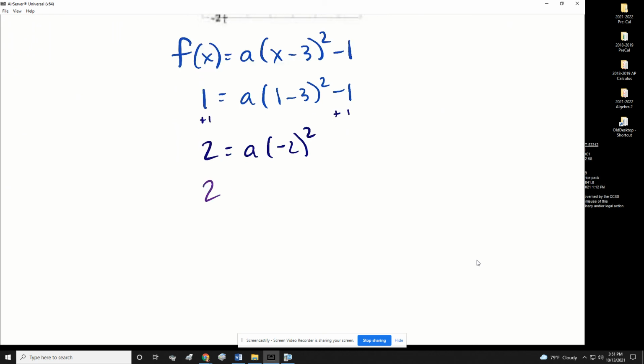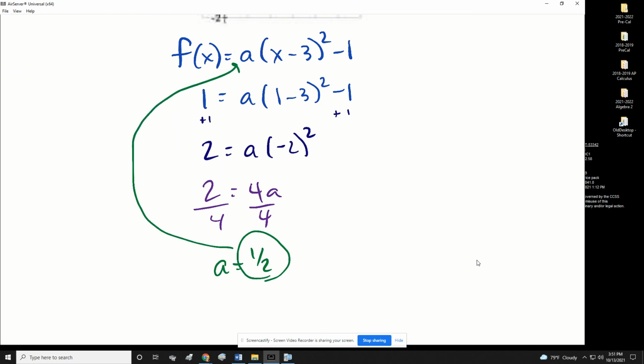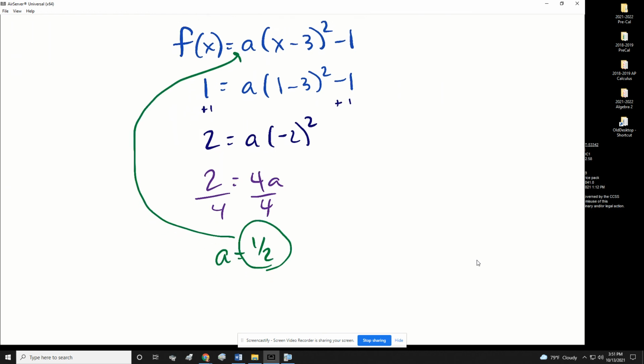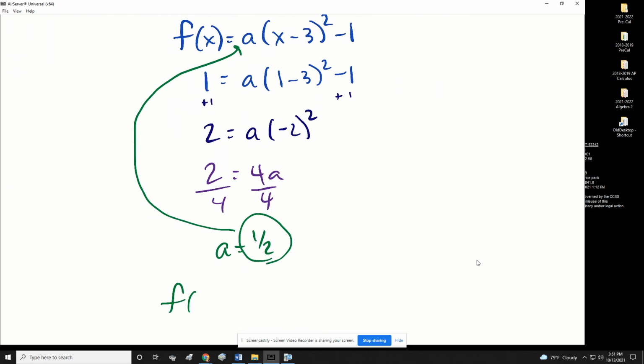Square negative 2. Divide. So we're going to get that a is 1/2. And then I can take it and put it in for that a. Alright. And then one more time, we can just double check that graph we end up with matches what's here.